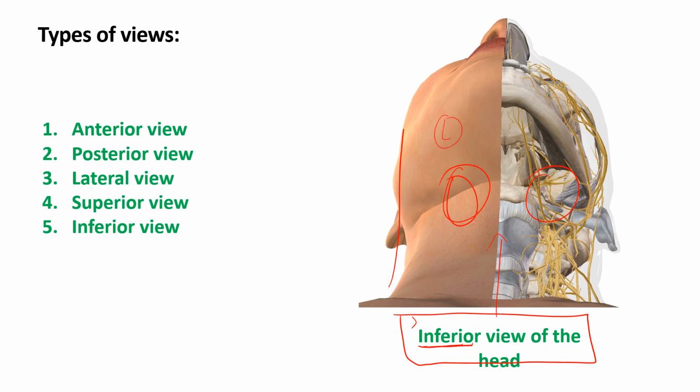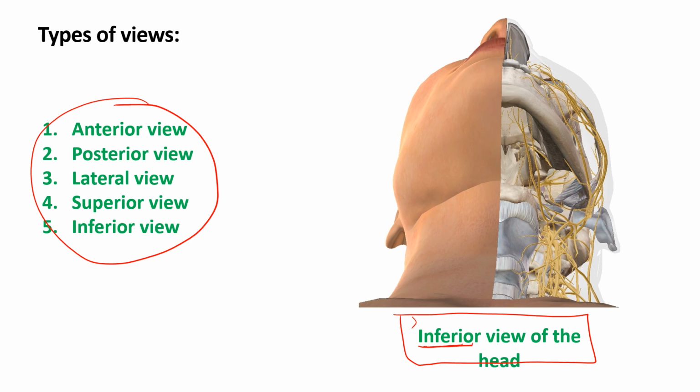If you know that you're looking at the kidneys from the inferior view in this scenario, you know that this is the right and this is the left. But don't worry, we're going to see more examples of these later in this class. Having the ability to understand which view you have is the best way you can start learning anatomy.